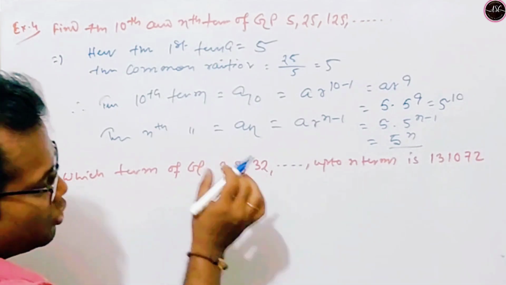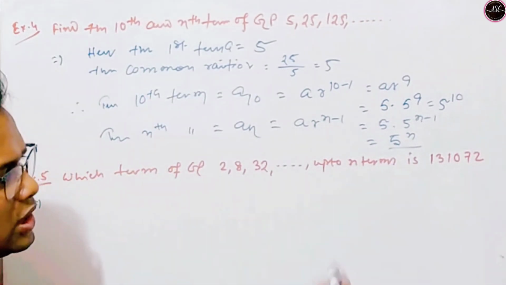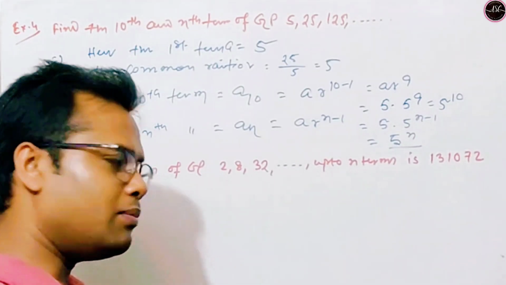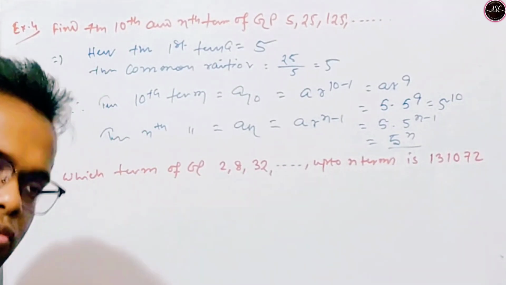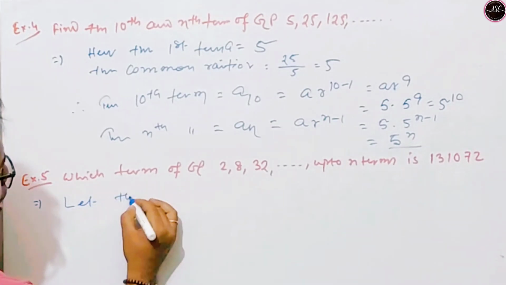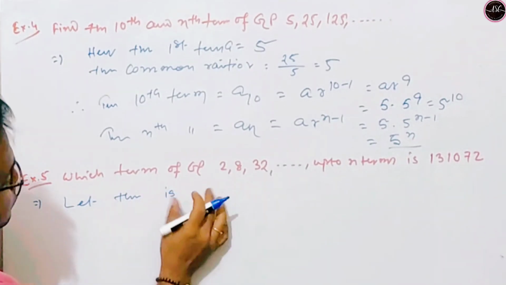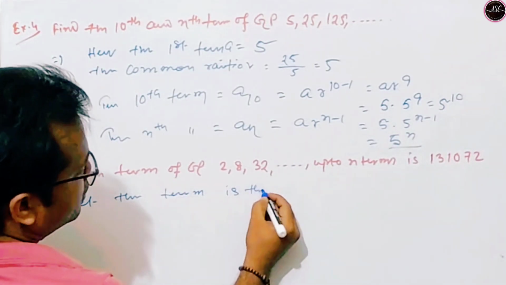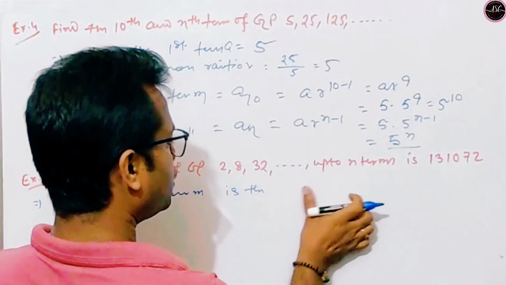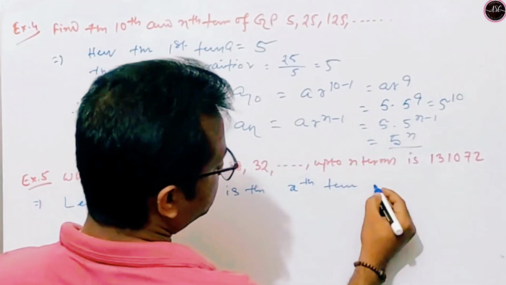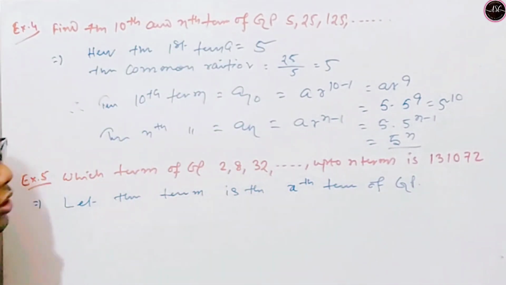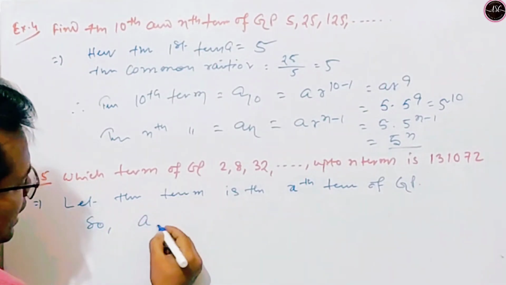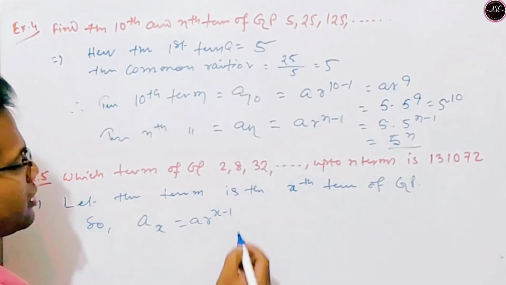Which term of GP 2, 8, 32 up to n terms is 131072? So we have to find the particular term whose value is 131072. So let the x term of GP be this term. Now applying the formula to find the x term: a x equal to a r to the power x minus 1.